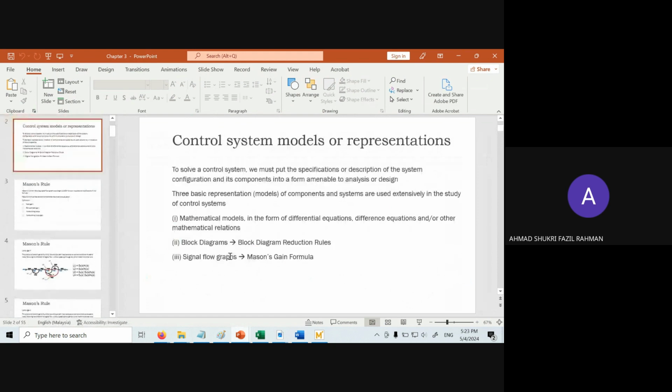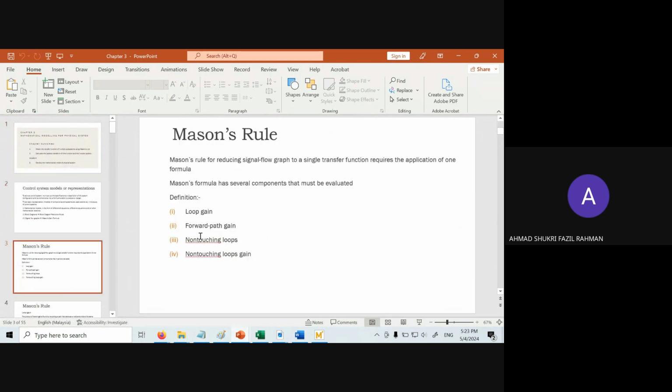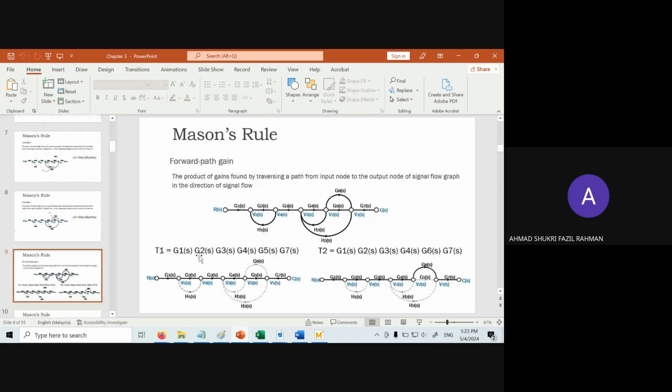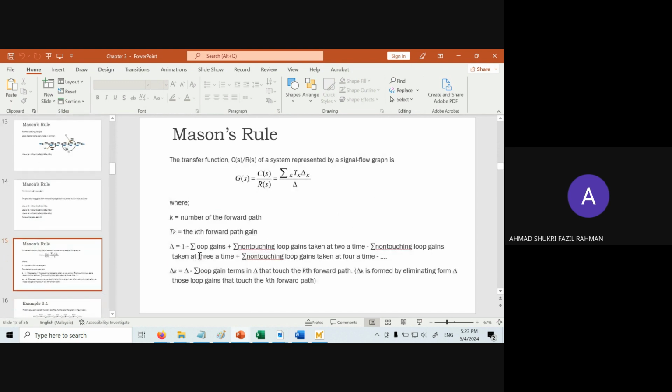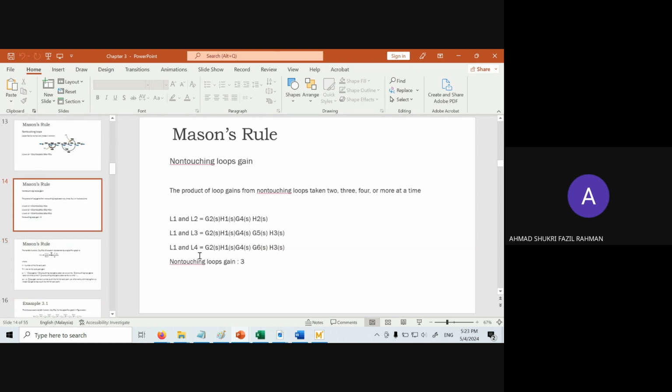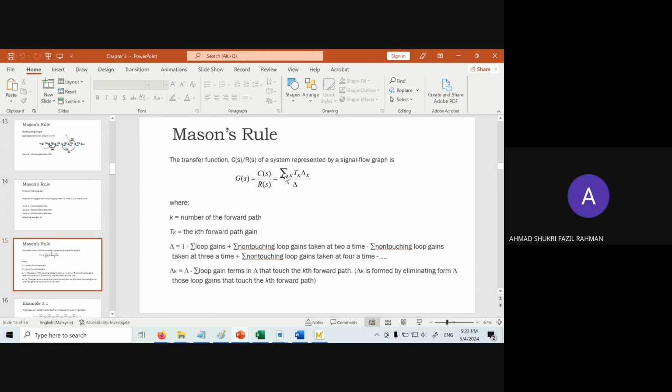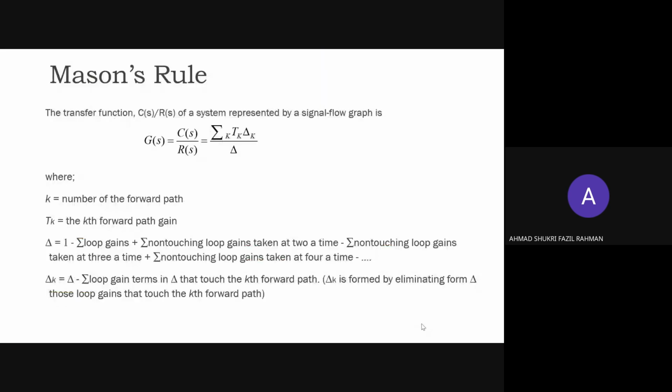We refer back to this step here. That one completes up to two, so we refer back to the Mason rule. You can see we cannot start building up the Mason rule yet because we have not completed the delta part. For the delta part, the loop gains we already completed, and the two non-touching loops are already completed.